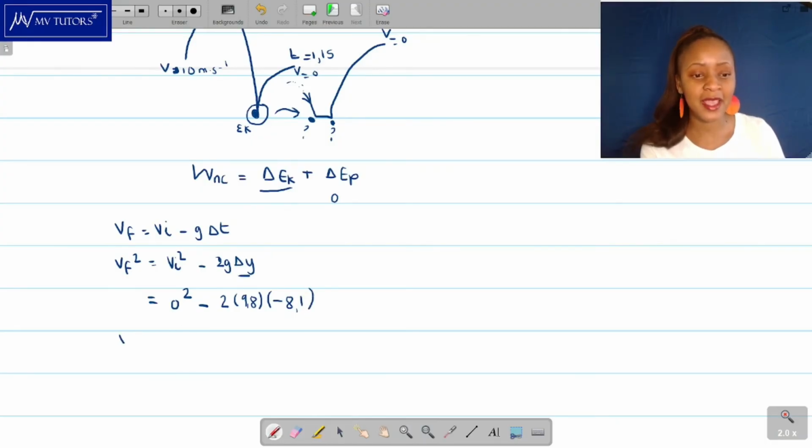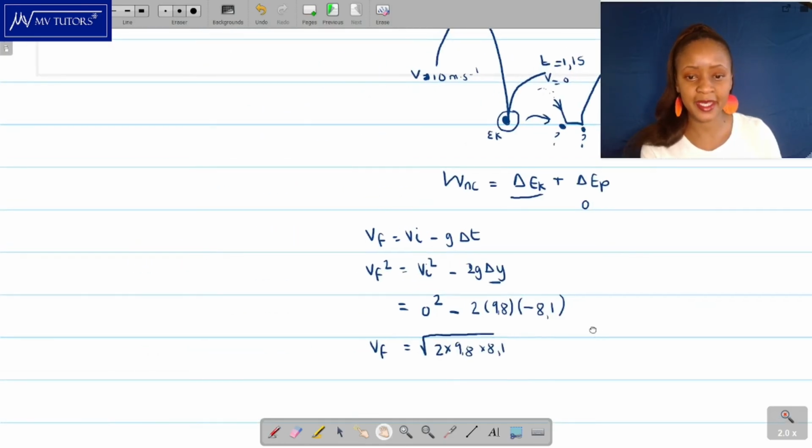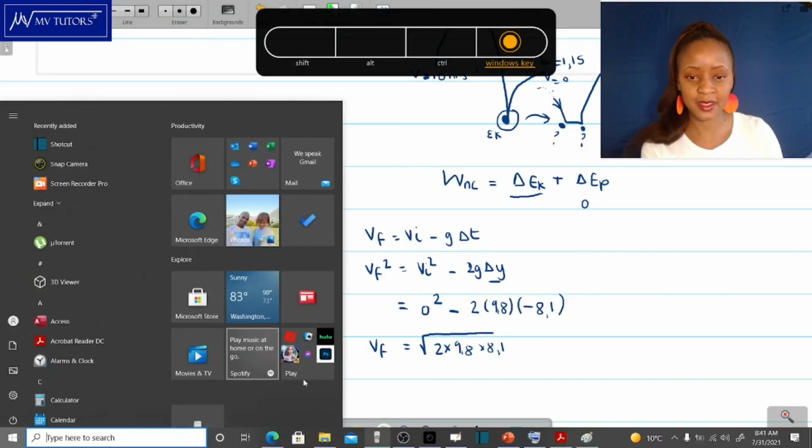Then our final velocity will be the square root of, these negatives will cancel each other, so I will have 2 times 9,8 times 8,1. Let's just shift it a bit this side. I'm going to call upon the calculator.